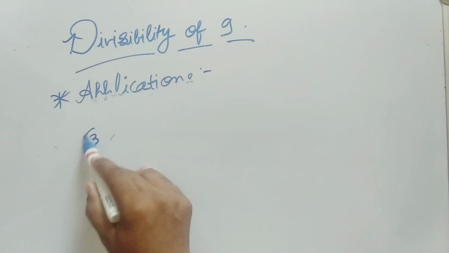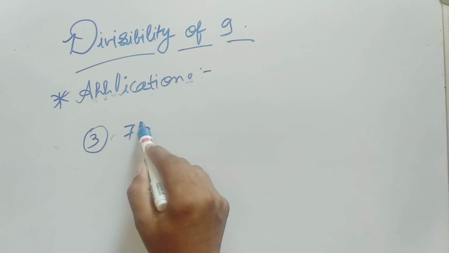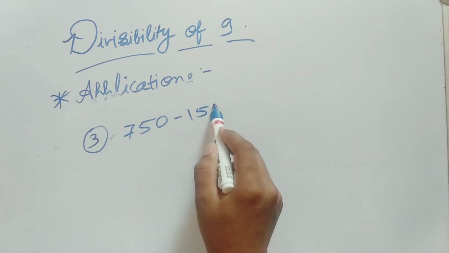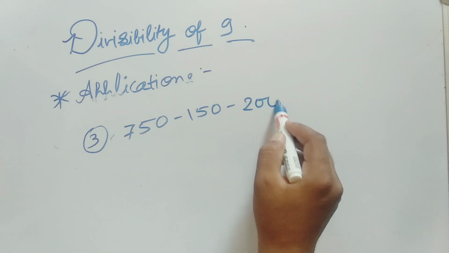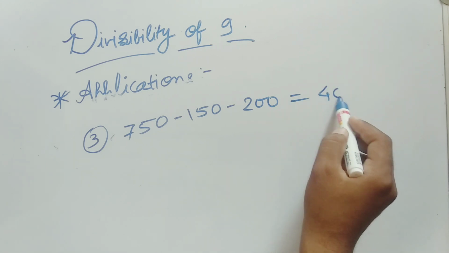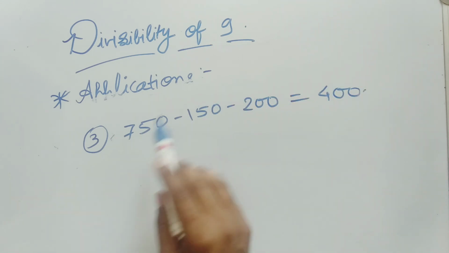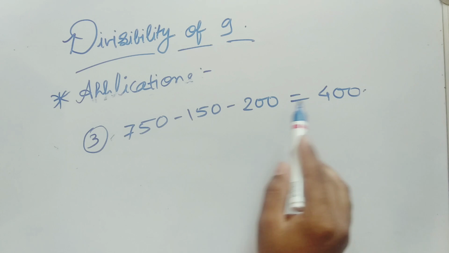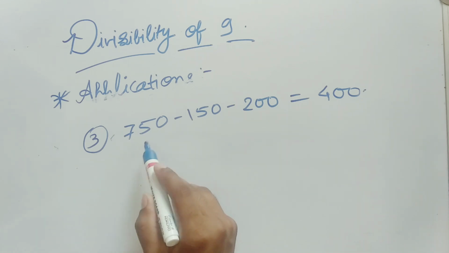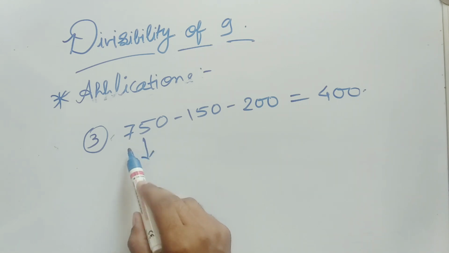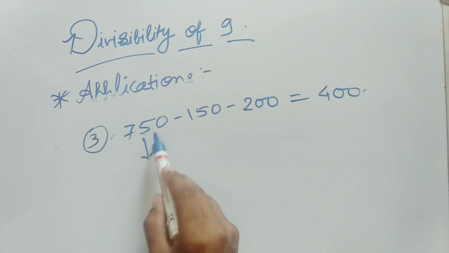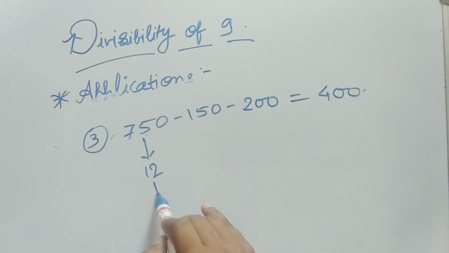So the third example, that is 750 minus 150 minus 200 will give the solution as 400. Now we'll try to apply the divisibility on this equation and this solution part. So firstly for 750, just add all the digits. So 7 plus 5, 12, 12 plus 0 will give 12, and further on 1 plus 2 will give single digit as 3.